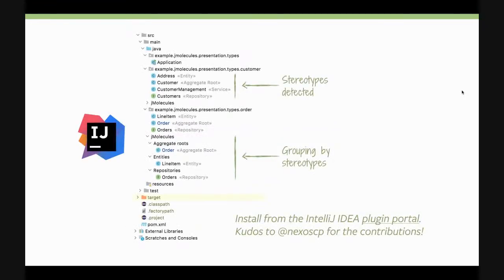To round things off a third time, there's IDE support already available for IntelliJ. There's a jMolecules plugin for IntelliJ that pulls the stereotypes out of the code base and annotates the package tree elements with those. There's even a dedicated node, the jMolecules node, that has the types of a package grouped by their stereotype.